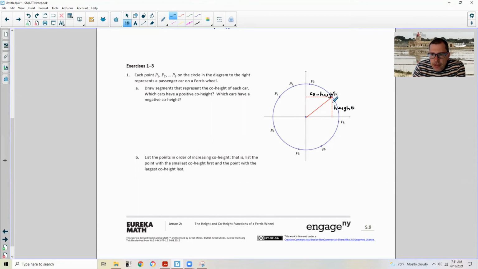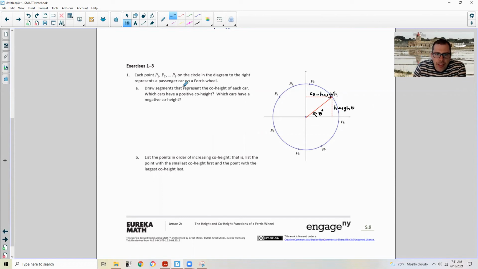So the height is the vertical height, the Kohheit is the horizontal height, if you will, the distance from the y-axis or the center out. And this creates an angle of theta degrees. Okay, so that's height and Kohheit.